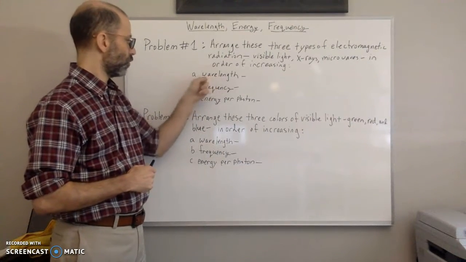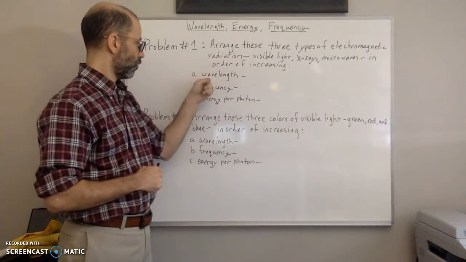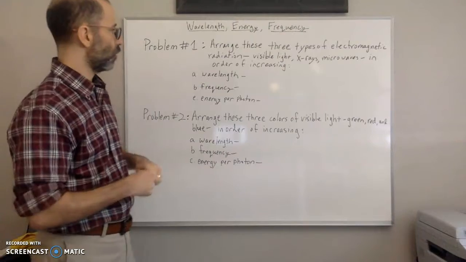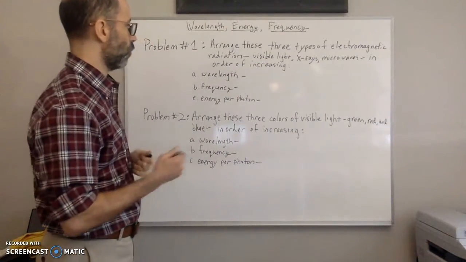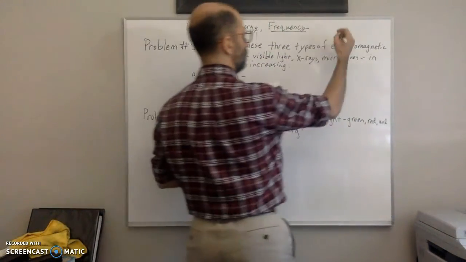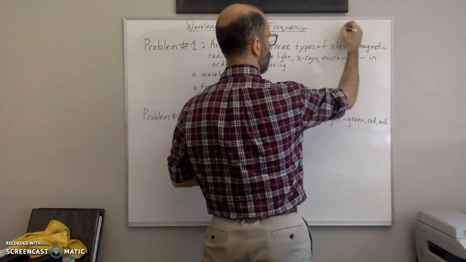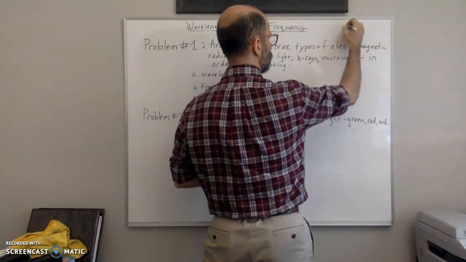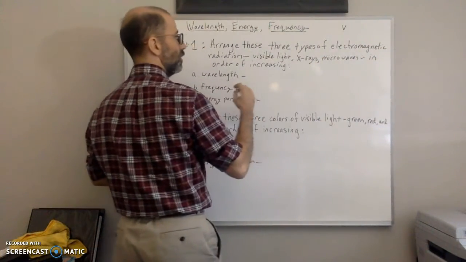So the first order, we want increasing wavelength. So if we know the order, right? You have visible light in the middle. We'll just call that visible light.